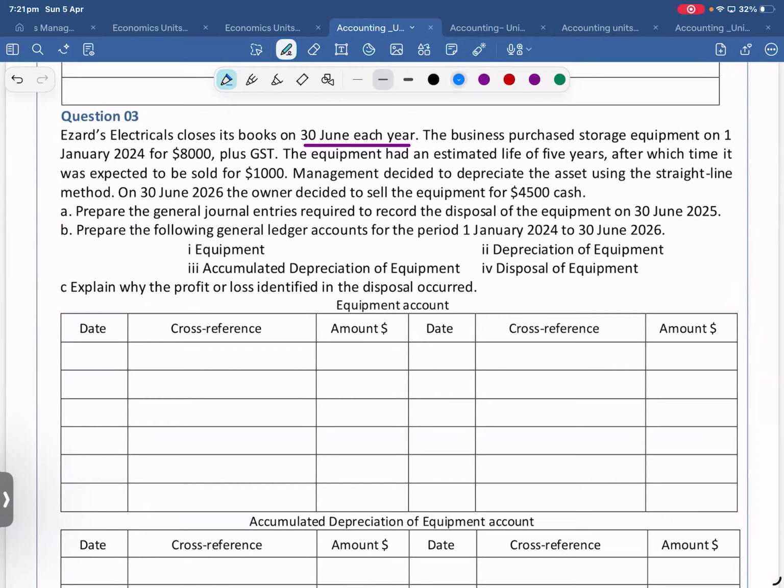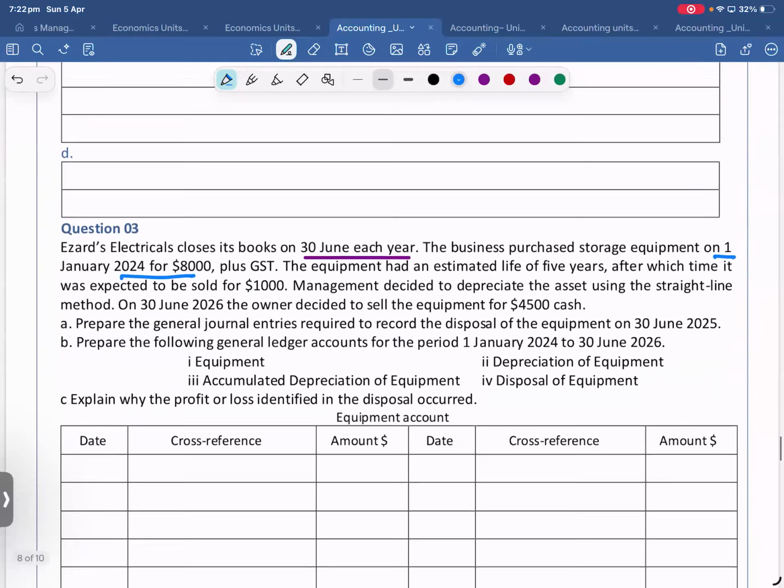So the business purchased the storage equipment on 1st January 24 for 8,000 plus GST. It has an estimated life of 5 years, and then it will be sold for 1,000. How much is the annual depreciation, guys? 1,400. Because how do we calculate?